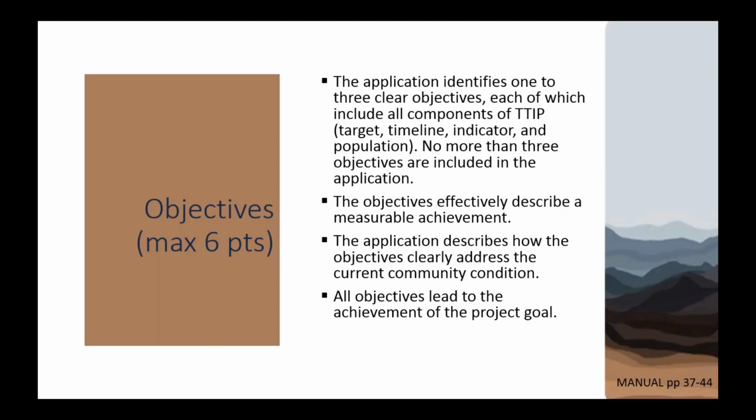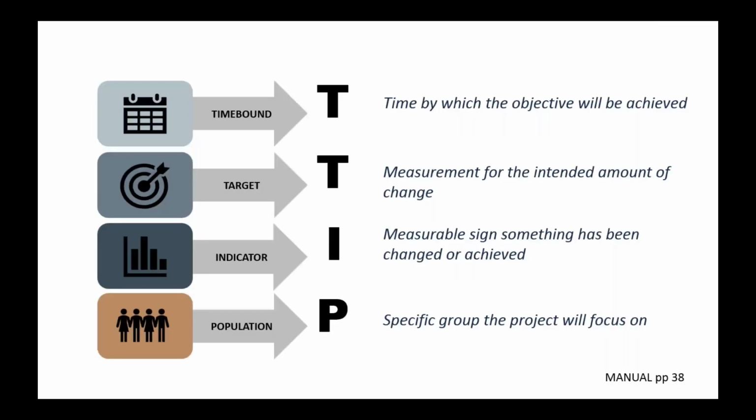You are allowed a maximum of 3 project objectives for the entire project period. The format for ANA's objectives is TTIP, which stands for timeline, target, indicator, and population. And Dawn will go more into detail on this on the next slide.